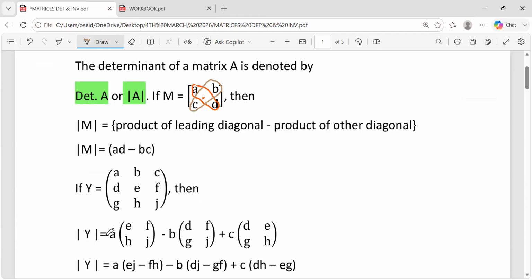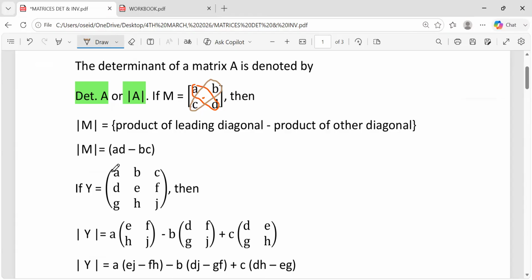The determinant of Y can be found by looking at the first row and taking the first component, which is A. We multiply A with E, F, H, J. Why?